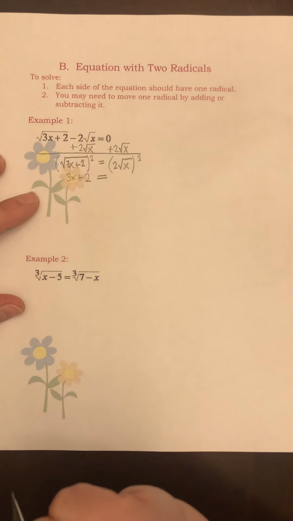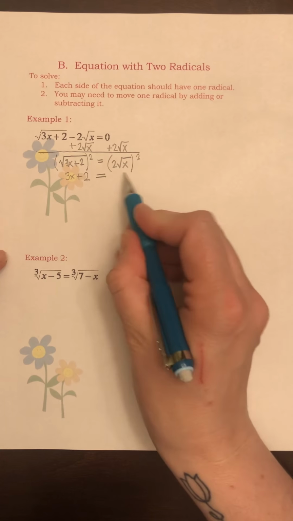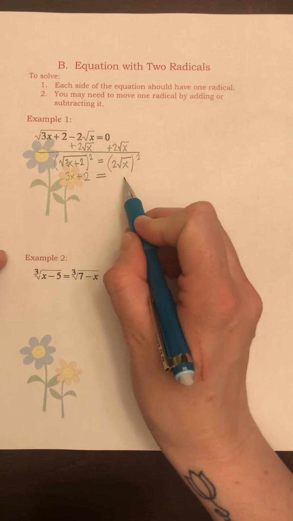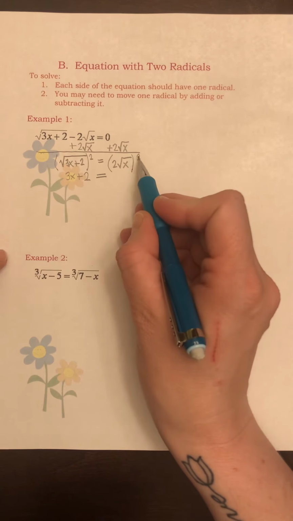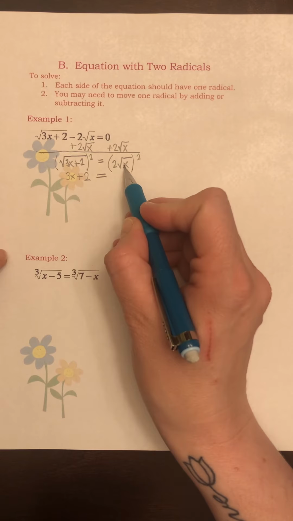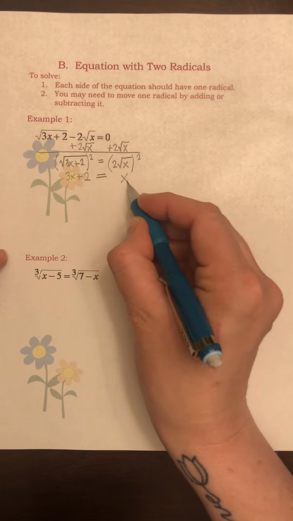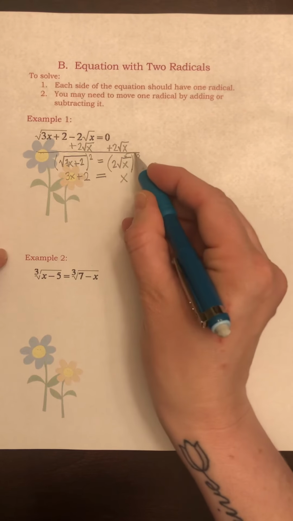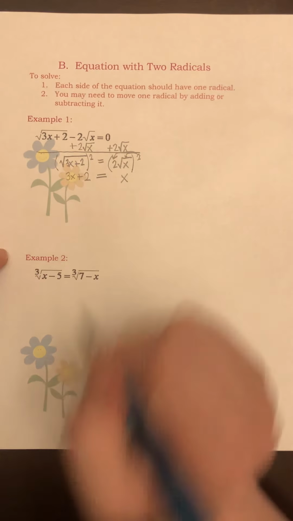On the right-hand side, I want you to look inside of the parentheses. Those two things are joined together by multiplication, which means that I can take that outside exponent and it has to go to everything. So it doesn't just get to go to the square root of x. Yes, it's going to cancel that out and leave us with just an x, but it also has to go to the 2, and 2 squared turns into 4.